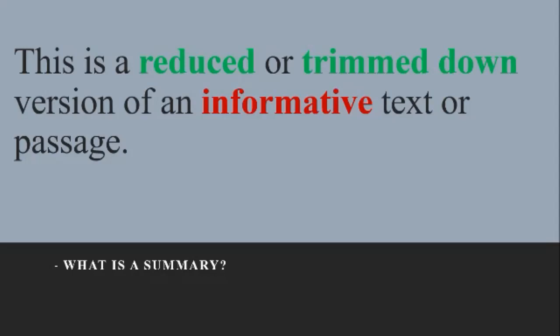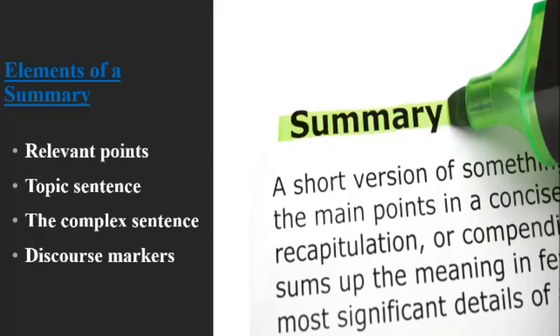You are focusing strictly on the points and facts relevant to the summary question. That is why I tell my students that a summary is a straight-to-the-point overview of important points or facts of a text. All right, so basically, that's what a summary is.